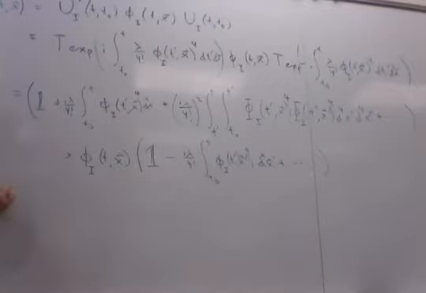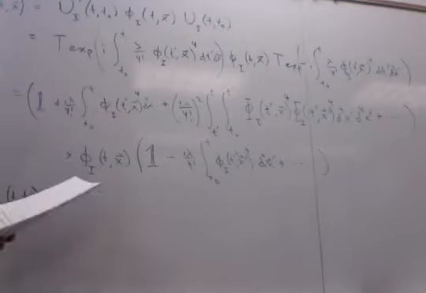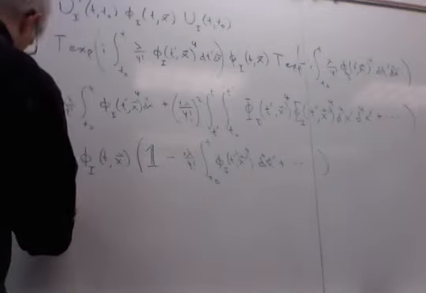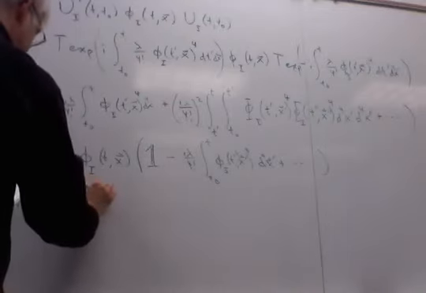The appropriate operator is between t and any t prime, not just our reference time t0. It's going to have this form.